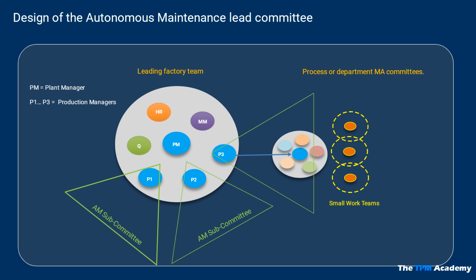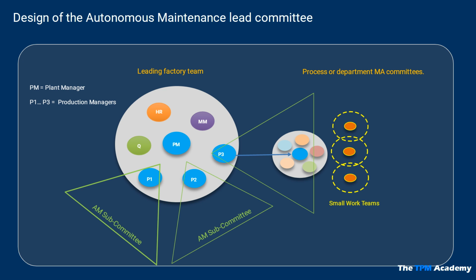In large industrial plants, subcommittees are responsible for the deployment of all autonomous maintenance activities to each area of the factory. Not all areas develop autonomous maintenance experiences at the same time. Depending on the complexity of the area or department, the start may be delayed, or the pace of implementation may vary. For this reason, the design of a master plan is necessary to indicate the orderly way in which actions will be introduced over time.